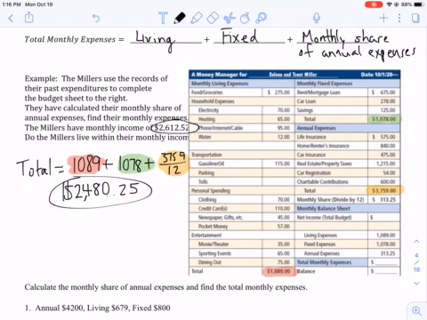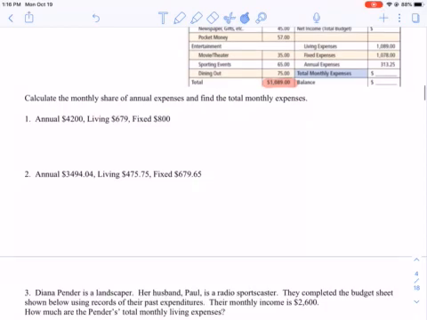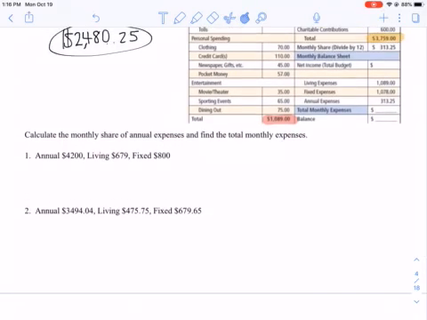This is how much they earn. So it looks like they're gonna be okay. They're doing all right. So let's calculate the monthly share of annual expenses and then find the total expenses for a few easier problems that we're looking at.